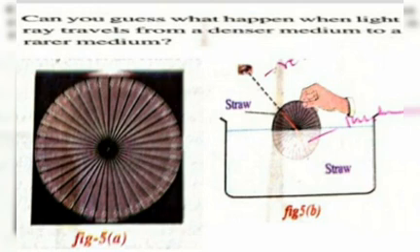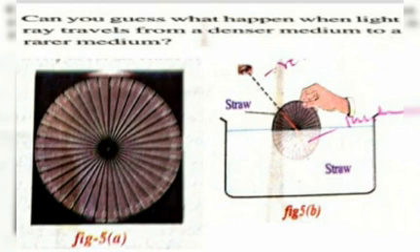That means when light travels from denser to rarer medium, from water to air, then what happens? The refracted ray moves away from the normal and the angle of refraction will be more than the angle of incidence.